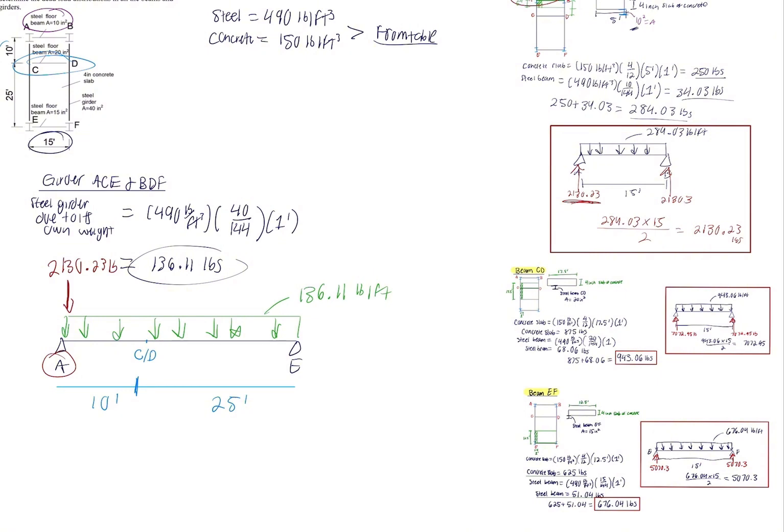We will then go to beam CD and look for the reaction, which is 7,072.95 pounds, which we will draw as a point load here. And we will go to beam EF and look at the reaction at E, which is 5,070.3. We will draw the point load here.